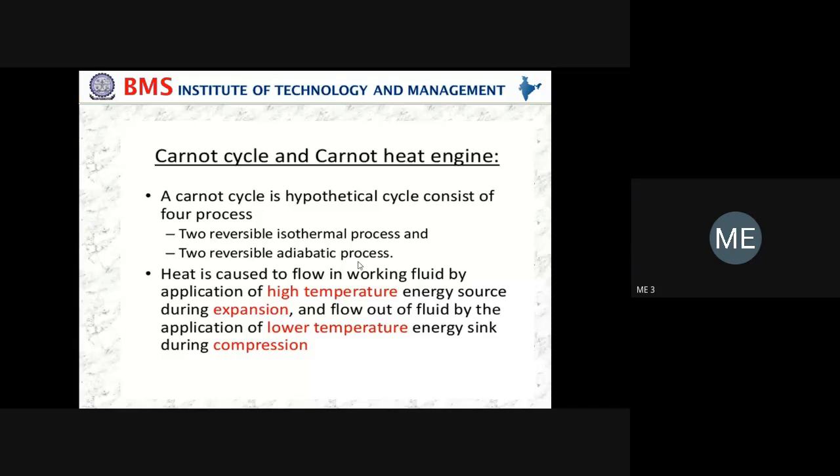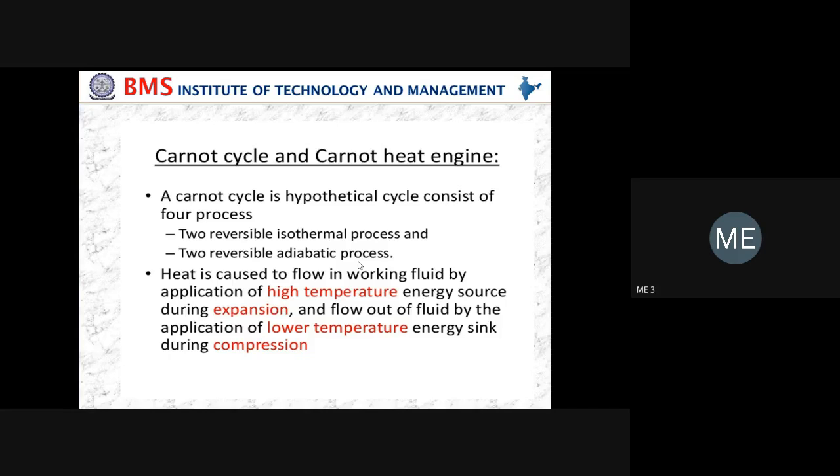We are going to study only the Carnot cycle in second law of thermodynamics. Carnot cycle is a theoretical cycle, and it is not a practical cycle. I'll tell how practically it is not possible at all.